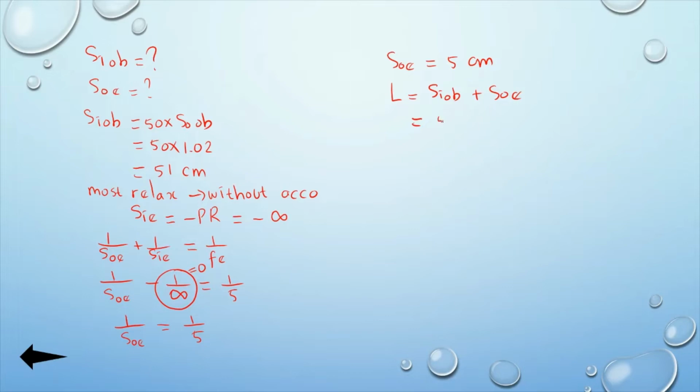SIOB equals 51 centimeter. SOE is 5 centimeter. Then we get the length of the microscope is 56 centimeter. So the eyepiece must be placed 56 centimeter from the objective lens. This is the answer for question B.